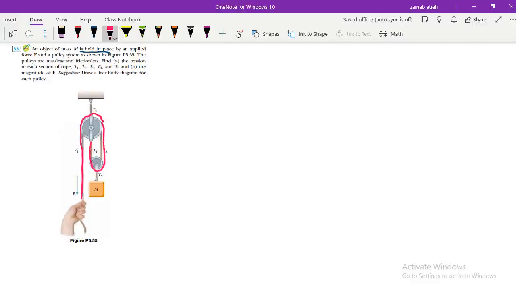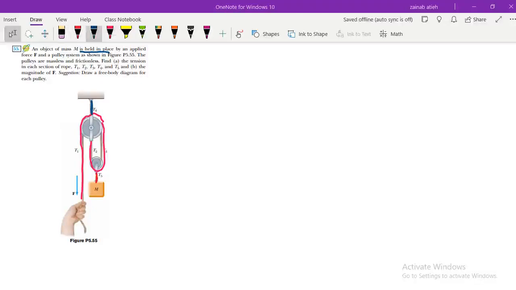It's the same string. This string up here is the same string, and here I have a piece, and here a third piece. So I have 3 pieces of string. Remember, same string same tension is correct when the pulleys are massless. So here T1 is equal to T2 is equal to T3, the same tension. Why? Because it's the same string.